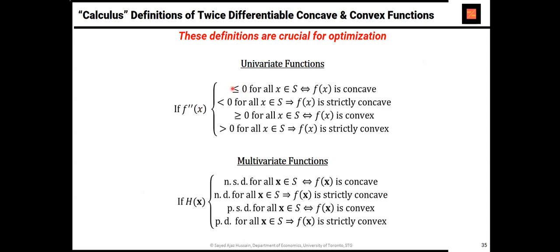Well, less than or equal to 0 in the case of multivariate is of course negative semi-definite. And what's the counterpart of the second derivative in multivariate? The Hessian matrix. Here, if the second derivative is always strictly negative, that function is strictly concave, but not necessarily the other way around. What's the analog of strictly negative in multivariate? Negative definite. So if the Hessian matrix is negative definite, that function is strictly concave. But if the function is strictly concave, it need not have a Hessian that's always negative definite. I leave the last two lines for you to read on your own.